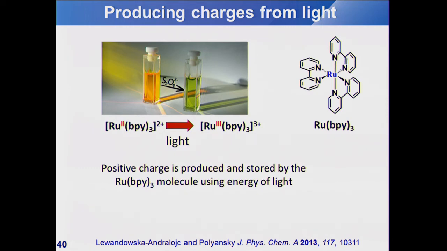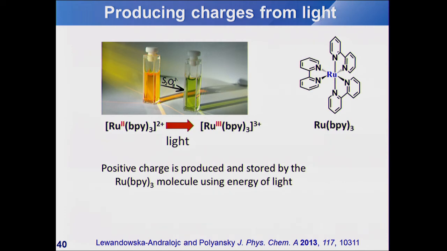For that, we have to find a way to generate positive charges, because we need to take these positive charges and transfer them to the catalyst, and transfer electrons from the catalyst to the carrier of the positive charge. And we can find these systems, for example, in these metal complexes.